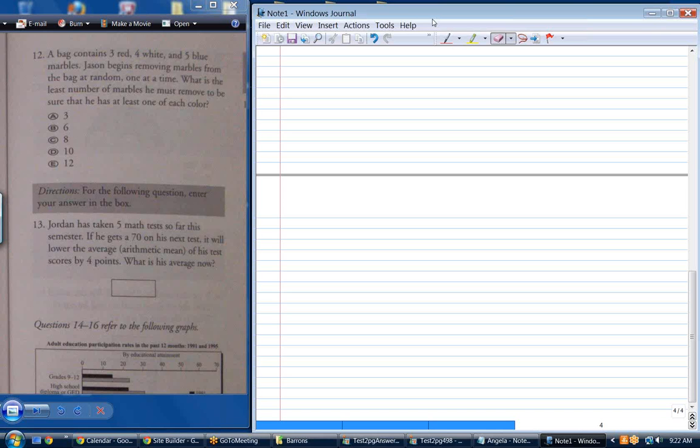Work backwards. What is the worst case scenario? How could you remove marbles such that you would not have one of each color? Well, you could end up taking out 5 blue to begin with. Okay, there you go. That's the way you have to solve these.